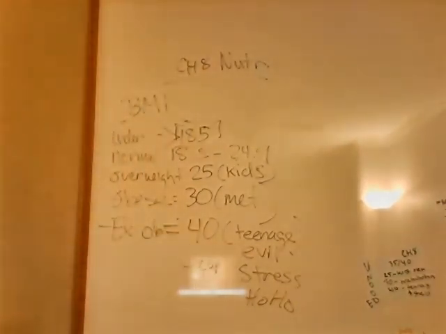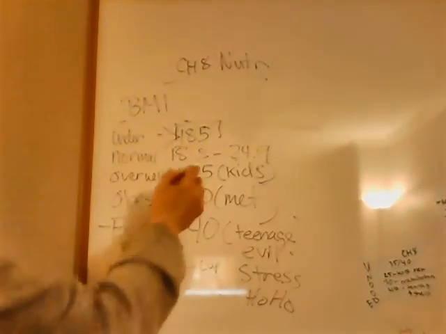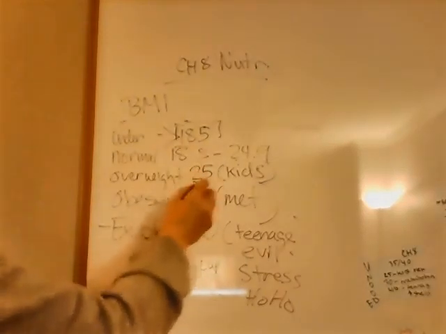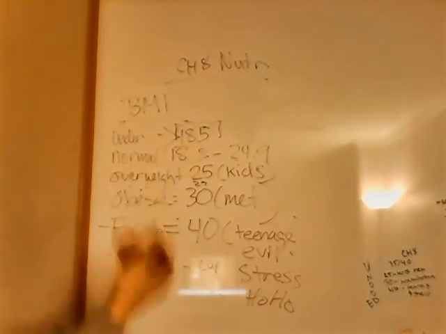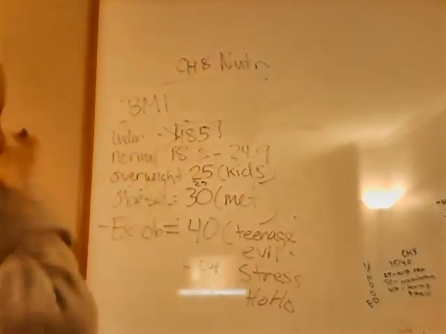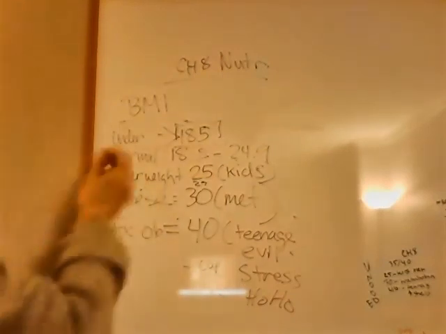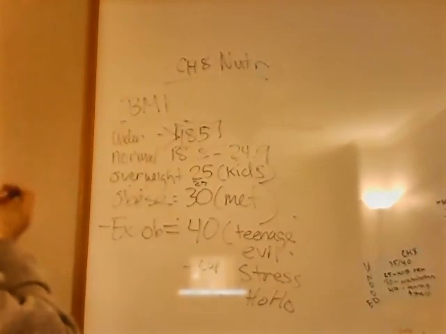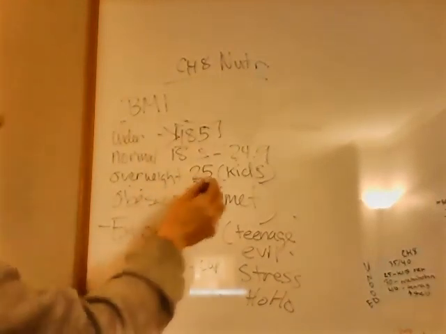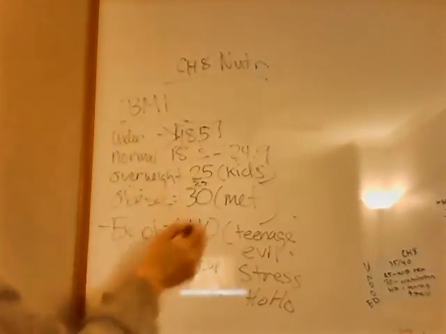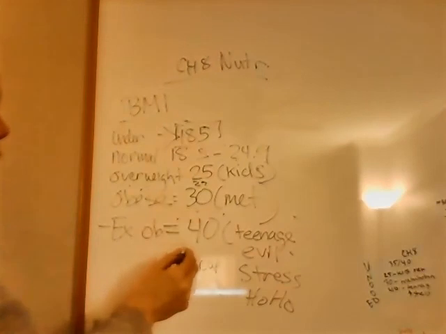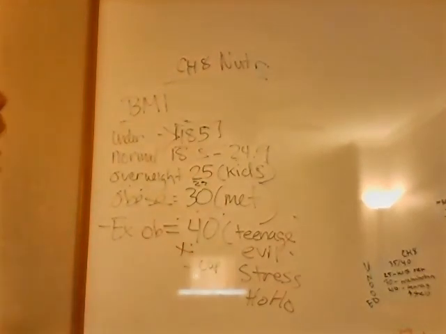So at 25 to 29, obviously, it's going to be overweight. Now I'm looking at these in percent, and I should have said that, but this is percent BMI. So this is for 25 to 29, 30 to 39, 40, and there's no other place.